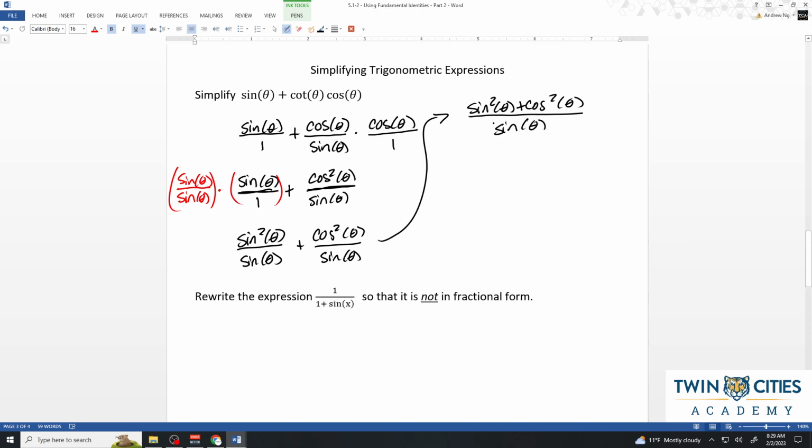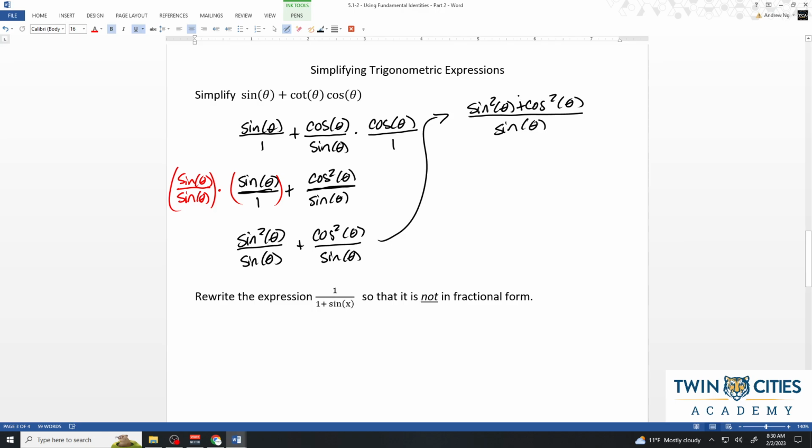All right, then I have to go back to my identities again and go, is there anything else I can do? Whenever I see sine squared of theta plus a cosine squared of theta, really any two trig functions that have a squared, and I'm either adding them, subtracting them. Maybe I've got one trig function that's squared and then a 1, so either +1 or -1.